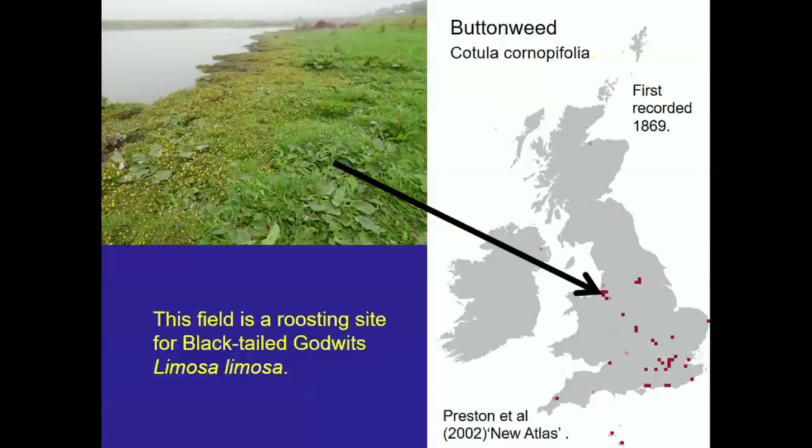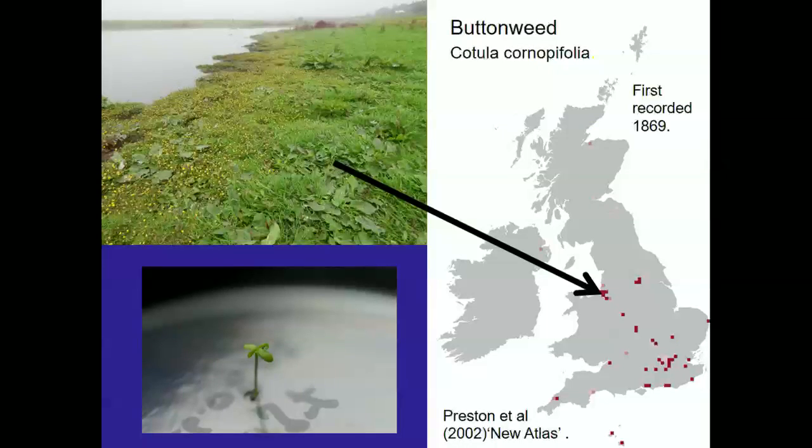Lots of the droppings of godwits contain the seeds of buttonweed, and you put it on your agar and you get cute little baby buttonweed seeds coming up, and they grow easily. We've got loads and loads of those growing. And so we suspect that waders and other things are a major way of moving this thing around the country.